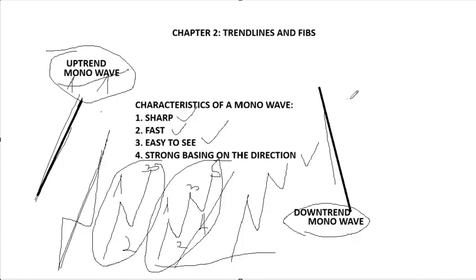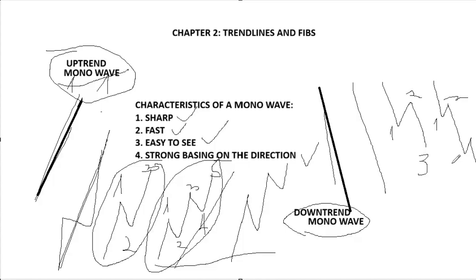Same goes for the downtrend. It could be one single wave, one mono wave, or it could be divided into 3 waves, which is 1, 2, and 3, or it could be divided into 5 waves, alright, which is 1, 2, 3, 4, then a 5th wave to the downside, alright.